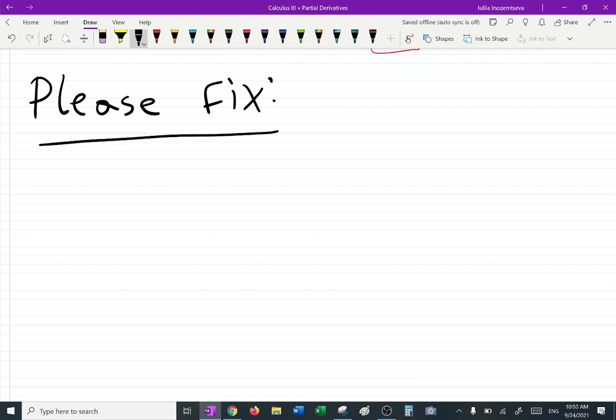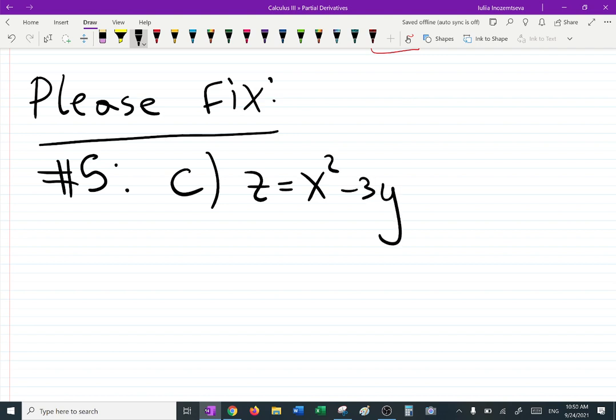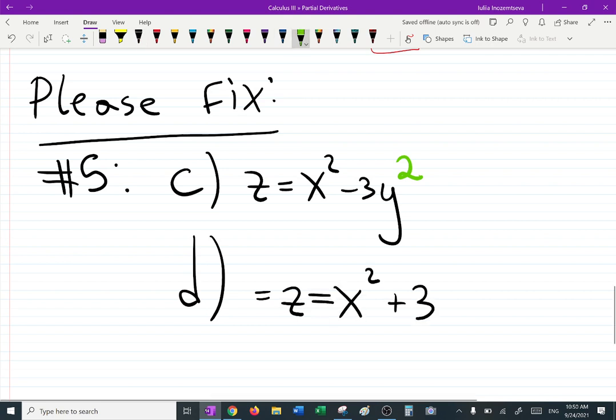Unfortunately, there's a typo in number 5. C should be z equals x squared minus 3y squared. And one more: D should also be squared. The square got lost. I don't know why. I will change the PDF as well later.